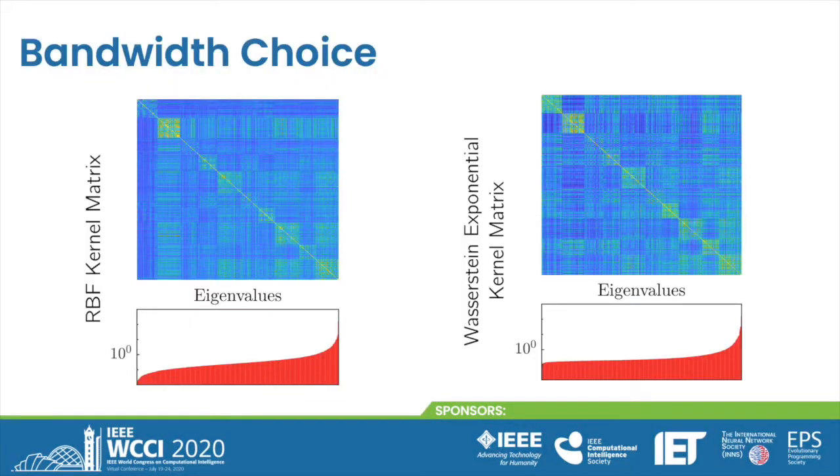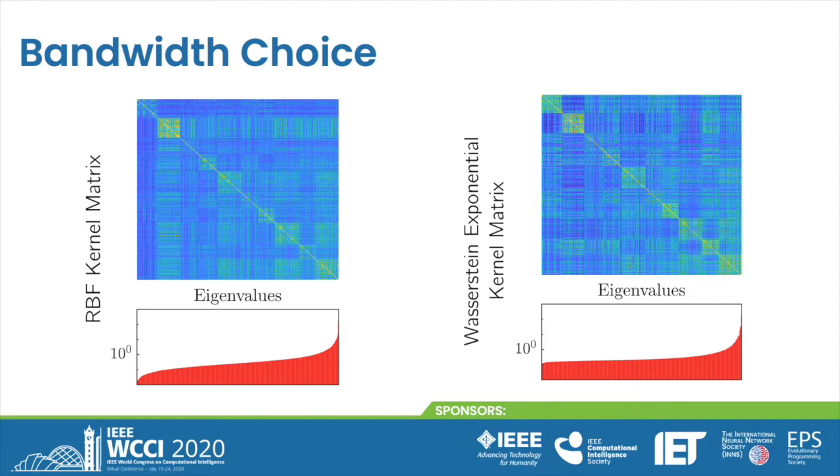Now, does this interval make sense? Is it leading to meaningful bandwidths? So here you can compare the RBF kernel and our Wasserstein exponential kernel for a certain bandwidth. It's based on the MNIST dataset and they are ordered in ascending order. So ideally we would want only blocks on the diagonal and all the rest blue.